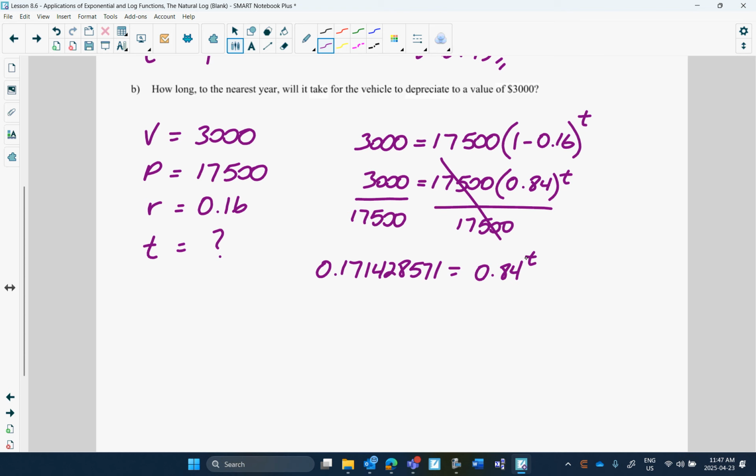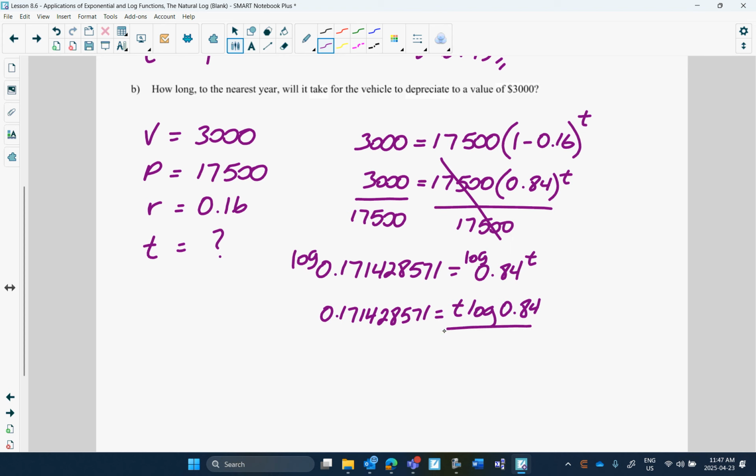Now what? Log. Because of the power law, I can now bring the exponent t in front as a multiplication. It means the same thing. So this becomes t log 0.84, and this is still 0.17 and so on. Now I brought the t down, so I can isolate it by division.